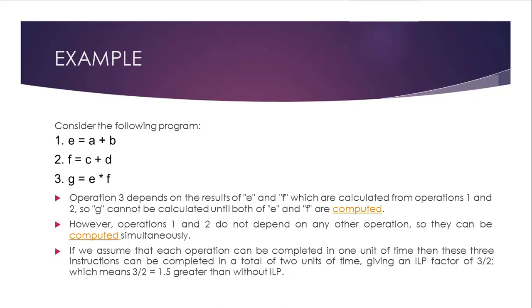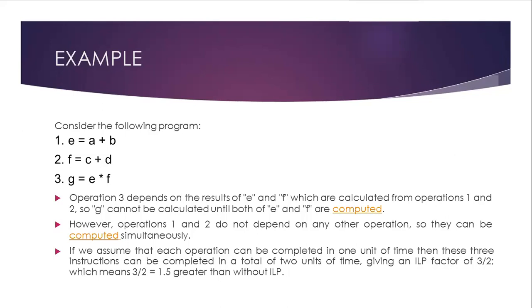So here operation 3 depends on the results of E and F, which are calculated from operations 1 and 2. So here G cannot be calculated until both E and F are computed. However, operations 1 and 2 do not depend on any other operations, so they can be computed simultaneously.